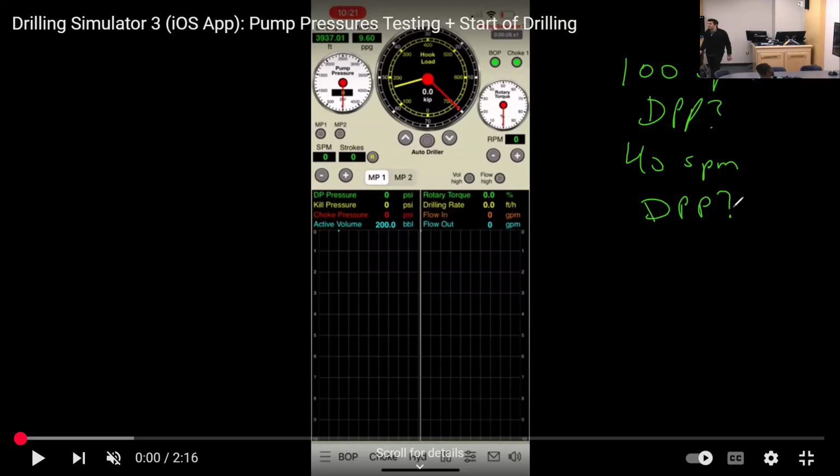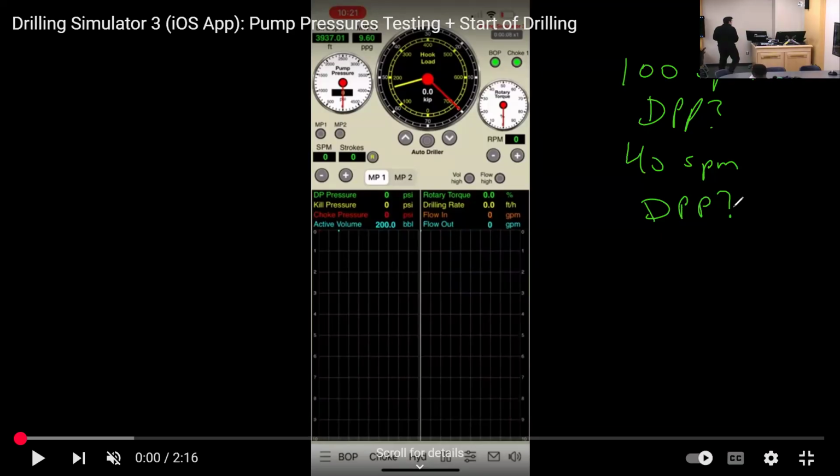This slow pump rate is what I will use if I get a kick and shut in the well and I have to circulate it out. I already determined that I'm going to use 40 because of company policy, I guess. And therefore, I want to know what my frictional losses are at that point.